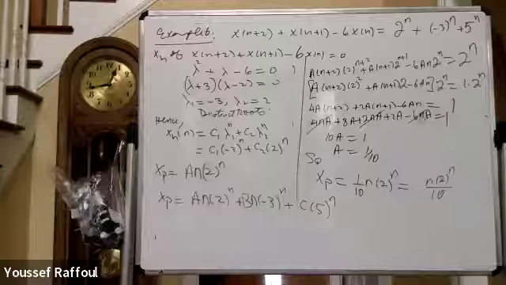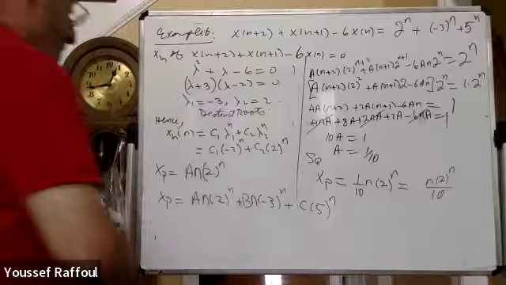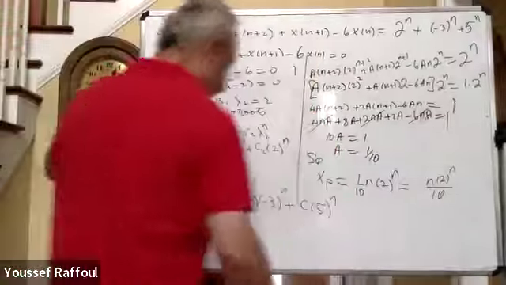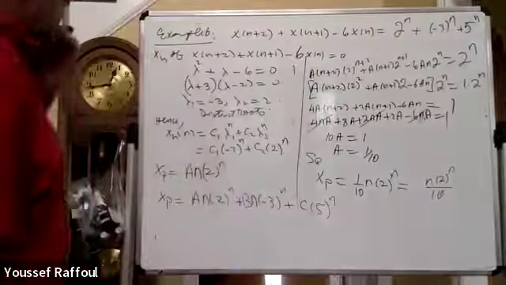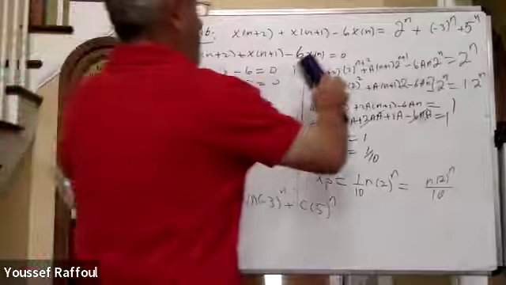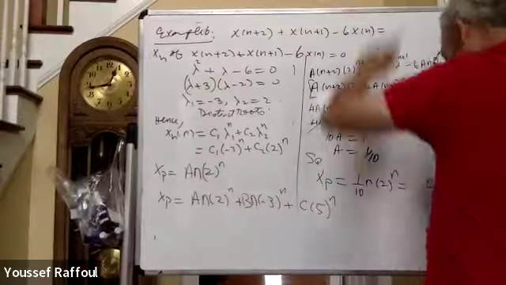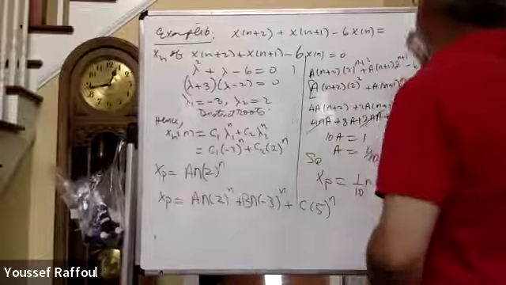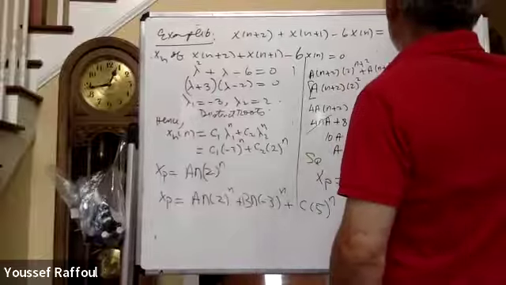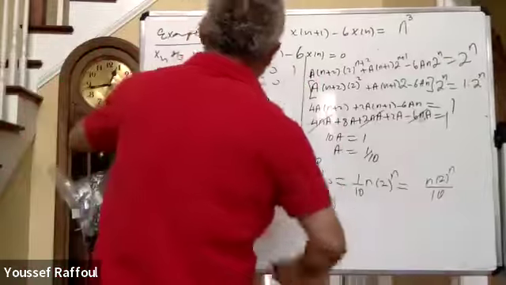So let's change gears now and take something with exponential in it. Let's say this is n cubed. You see what happened?